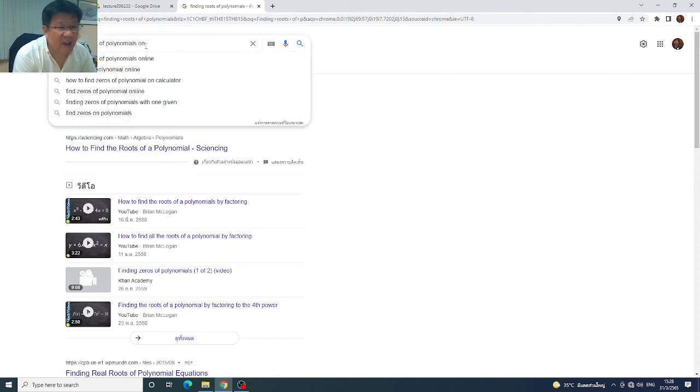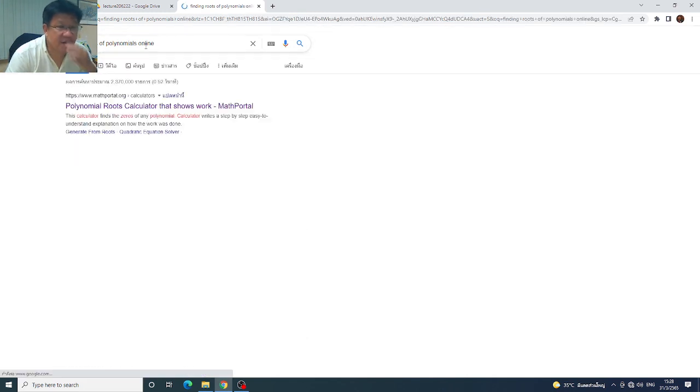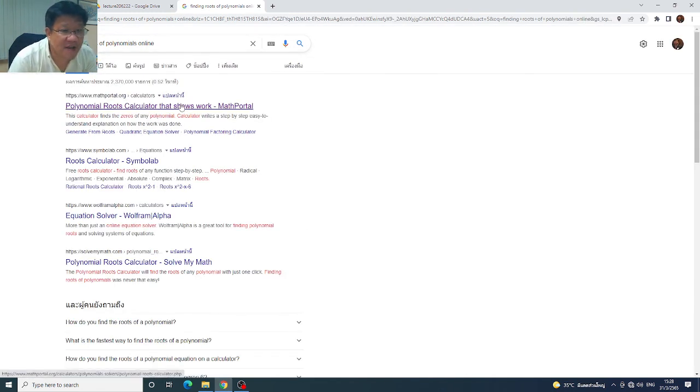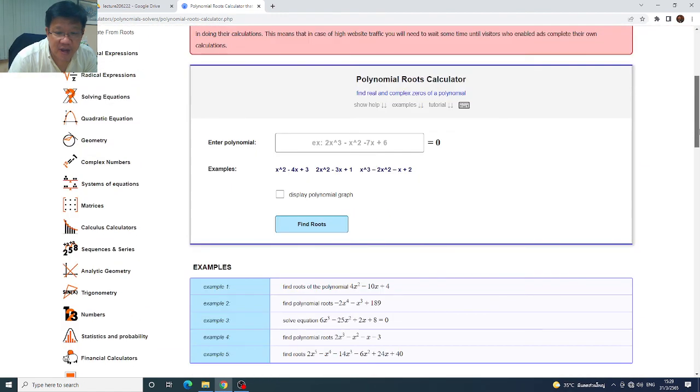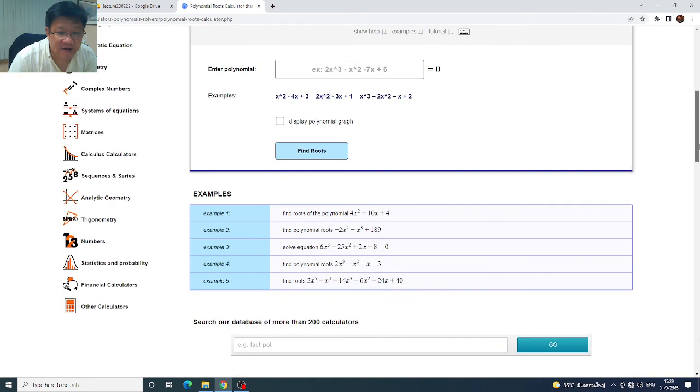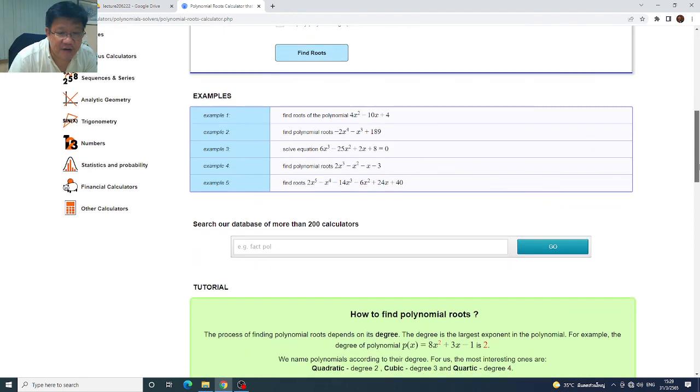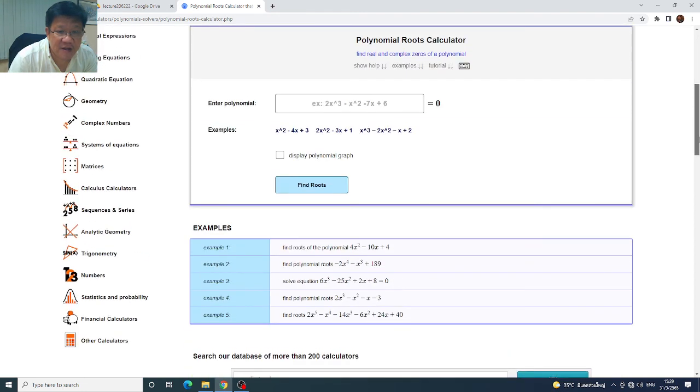You can see that this is very direct for you: you can have a polynomial root calculator online here. You can enter the formula here and then they will find the roots for you online. You might try it out, and it's for free.